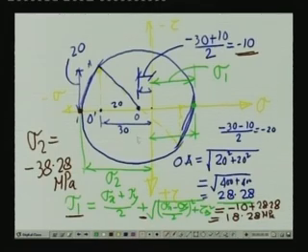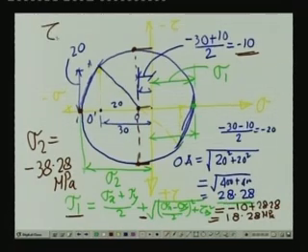From this particular diagram, if we look at it, this is the value of the radius and this is the plane where we get the maximum value of the shear stress, and this is the plane where we get the minimum value of the shear stress. Now, at this particular point, the value of the normal stress is sigma x plus sigma y by 2, which is equal to minus 10 MPa in this particular problem. So, the maximum value of shear stress is equal to the radius, which is 28.28 MPa.